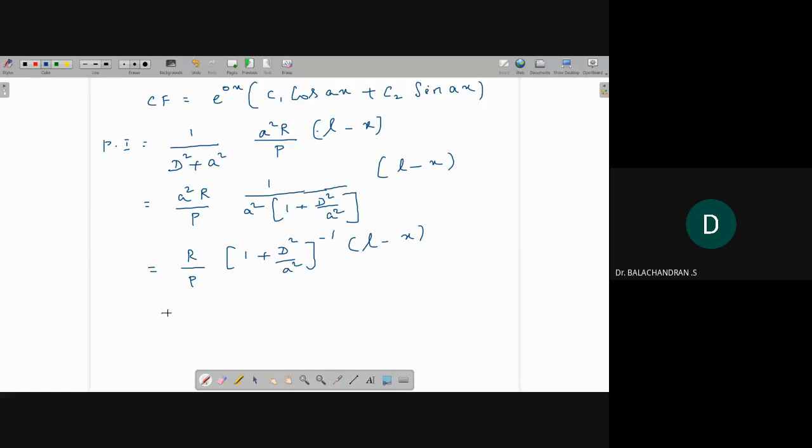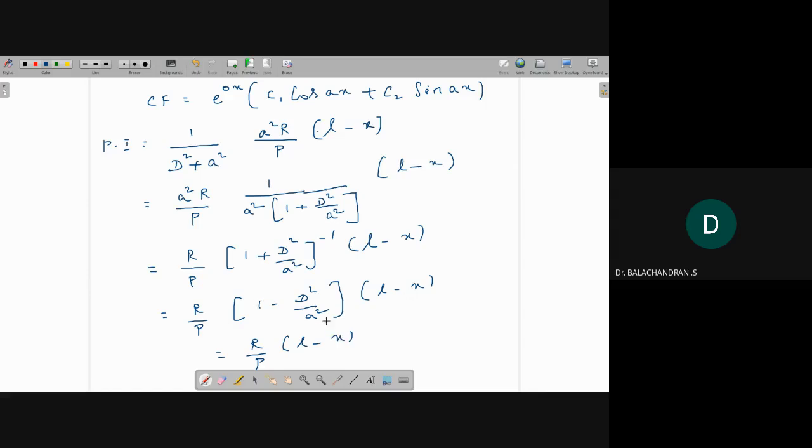Expanding, 1 minus D square by a square, and so on. D square of L minus x is 0, so PI is R by P into L minus x.